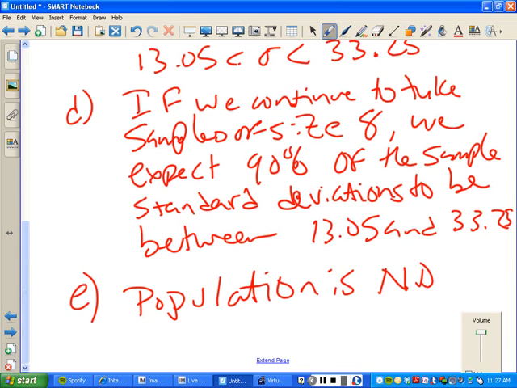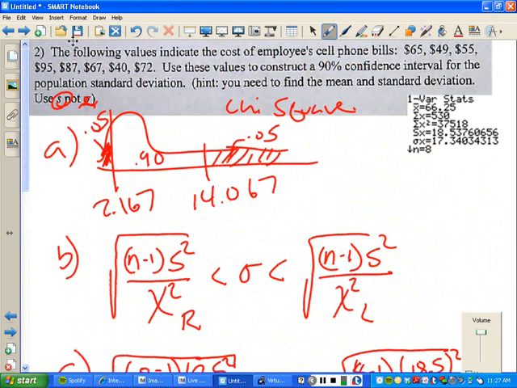Just by reading the problem, how do you know you're supposed to use the formula? That's a great question. The question was, when you look at the problem, how do you know which formula to use, which chart to use? Anytime you do confidence intervals, it'll say construct a confidence interval, but then the most important part will come.